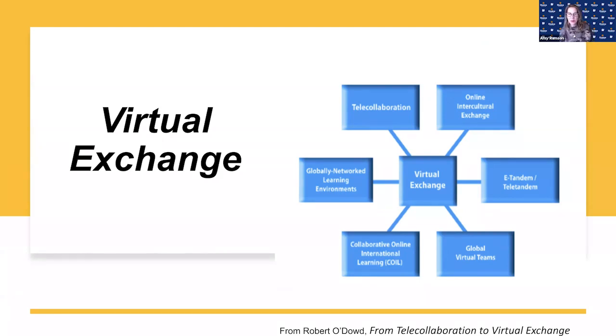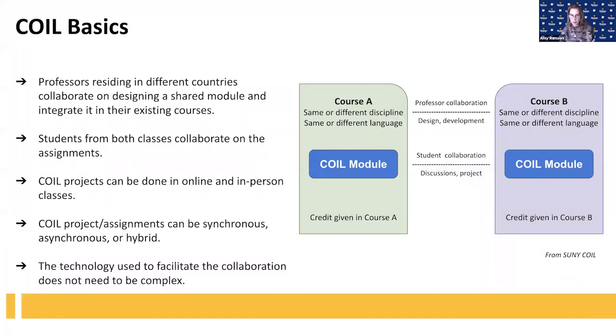on the bottom left. And it emphasizes collaboration and student learning. So basically what COIL is, it is a collaboration with professors. So let's say professors in either 2 or 3 countries will design a shared syllabi.